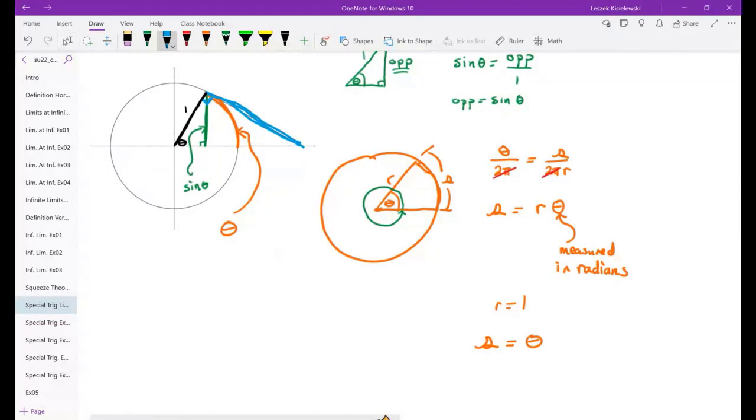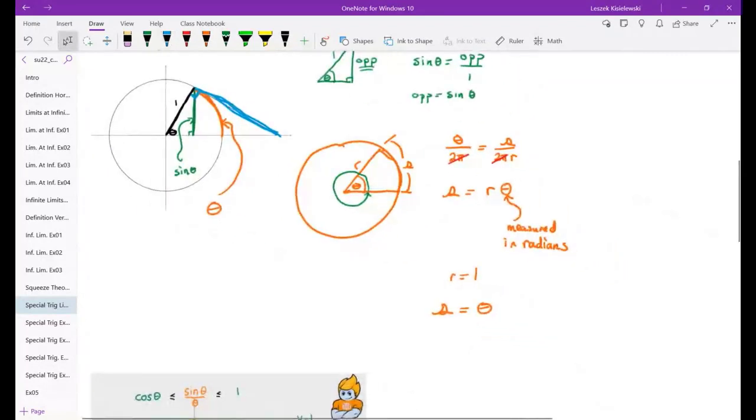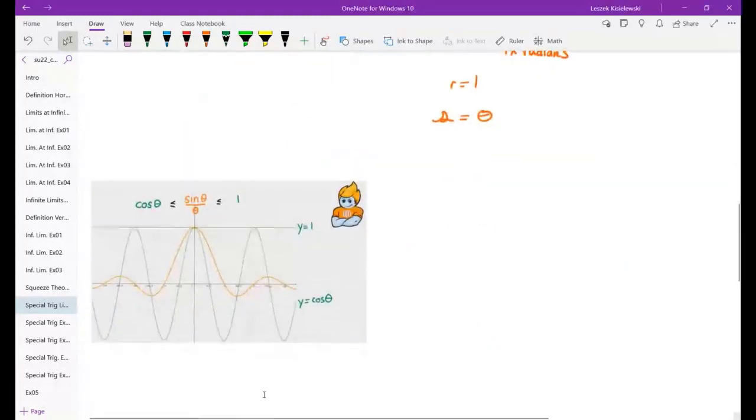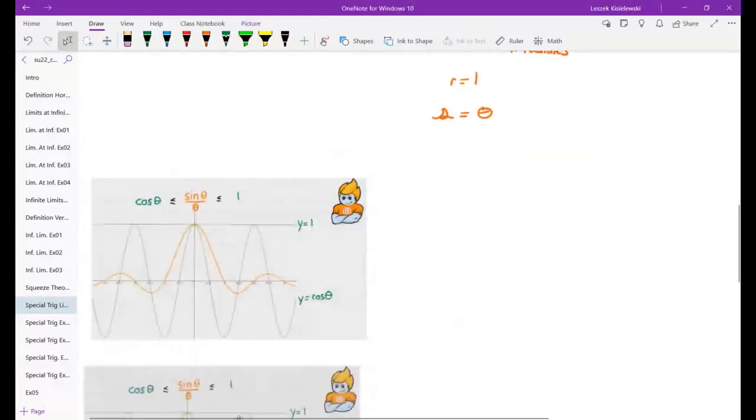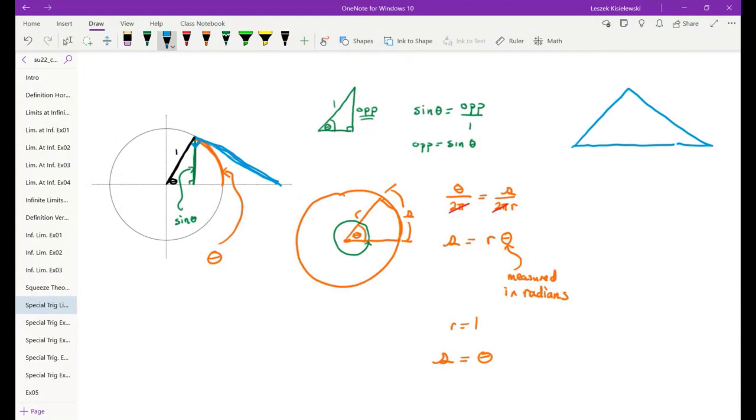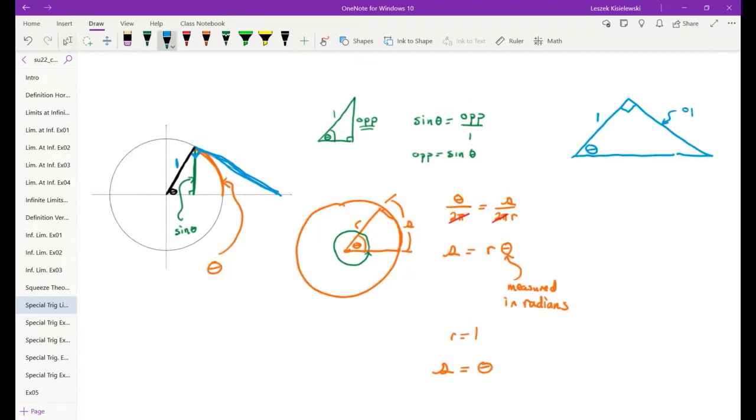So we have yet another right triangle there. Okay, so we have our radius of 1. We have theta. And now this side, we want to find an expression for this opposite side.